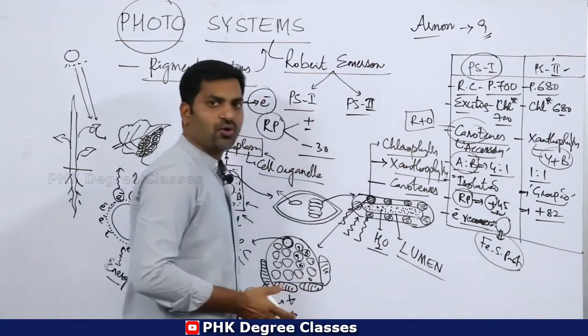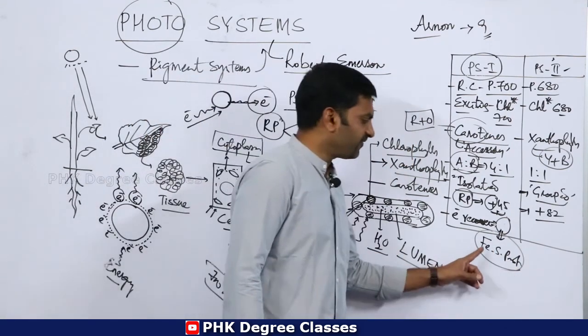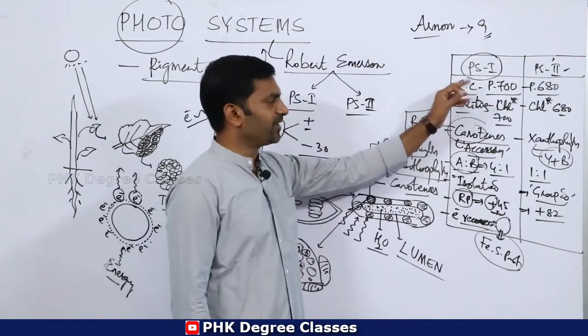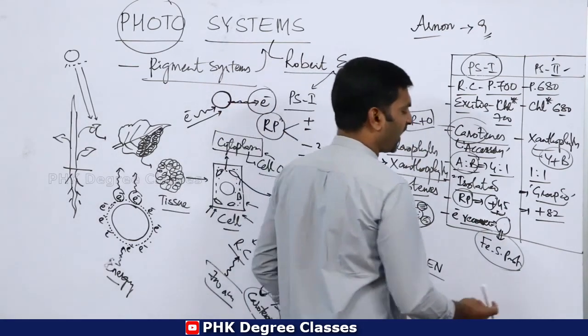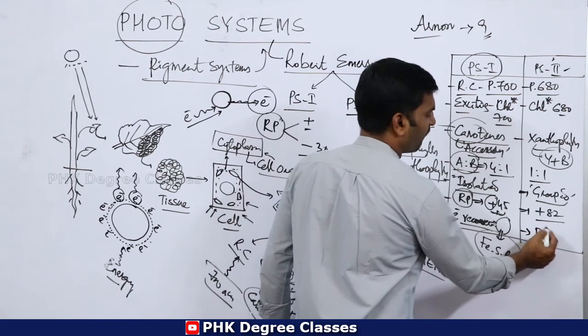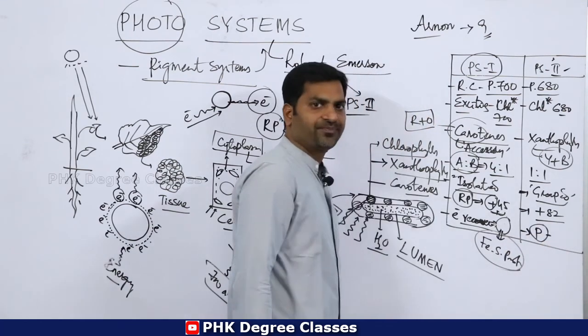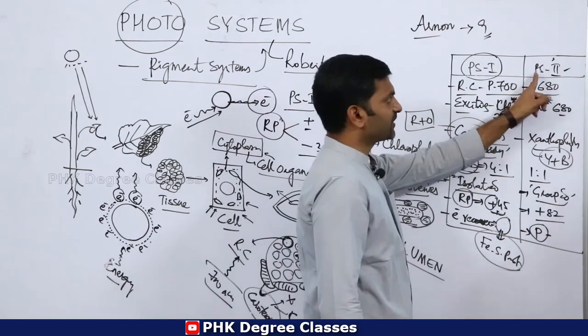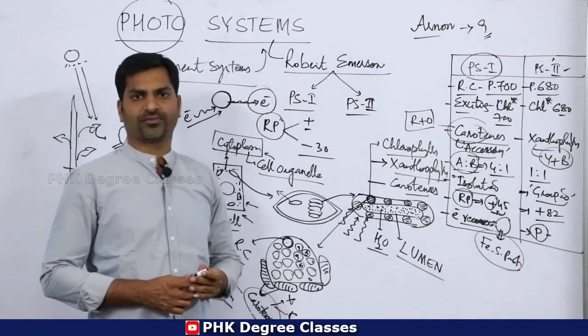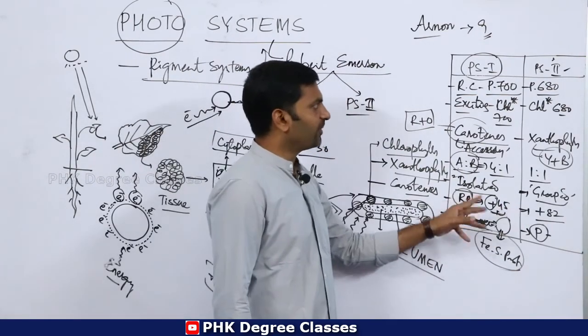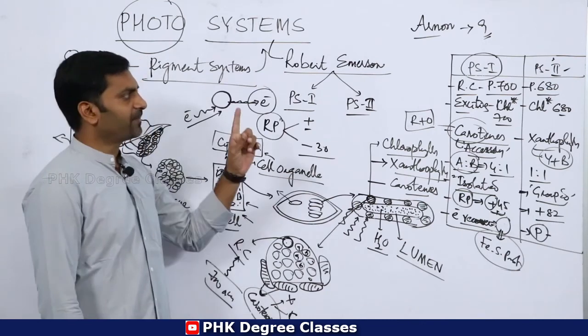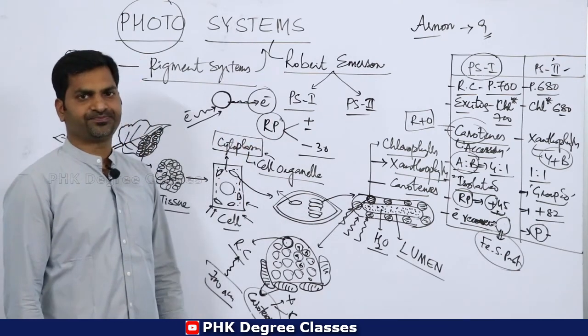Then on the other hand, pheophytin is the first electron receiver with respect to photosystem 2. Clear? So this is all about differences between PS1 and PS2.